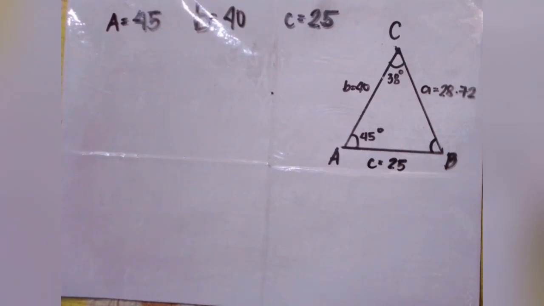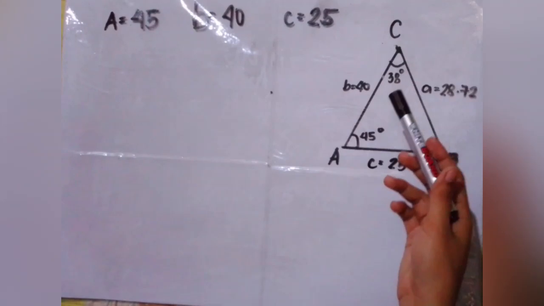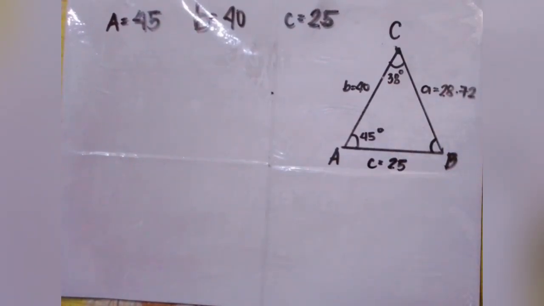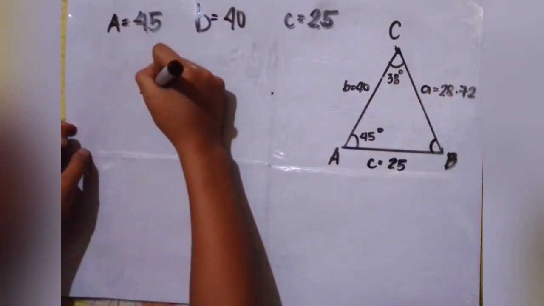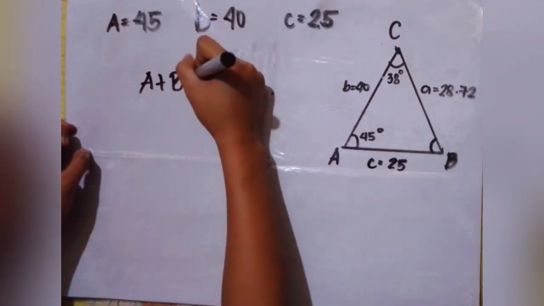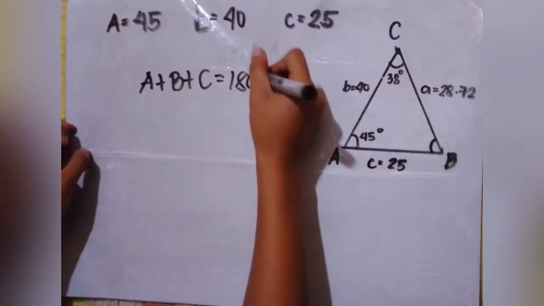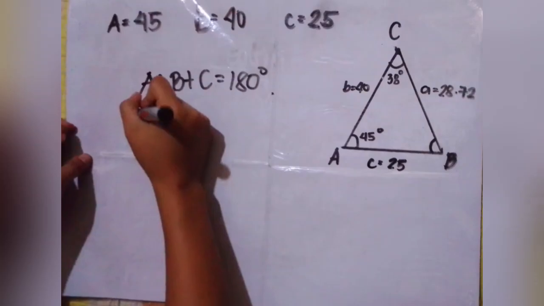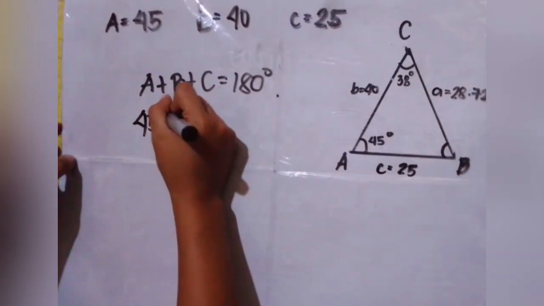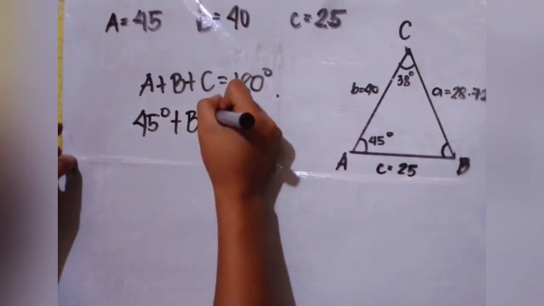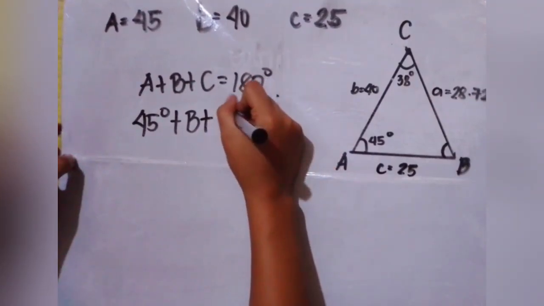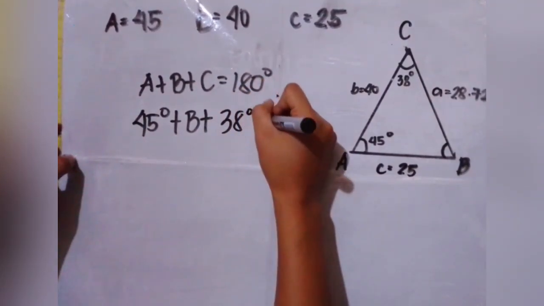So, we're going to find the third angle. We already know that the sum of the angles of a triangle is 180 degrees. So, A plus B plus C is equal to 180 degrees. Then substitute the given values. Angle A is 45 degrees plus B plus 38 degrees is equal to 180.